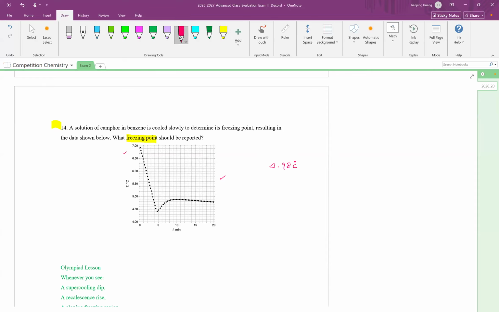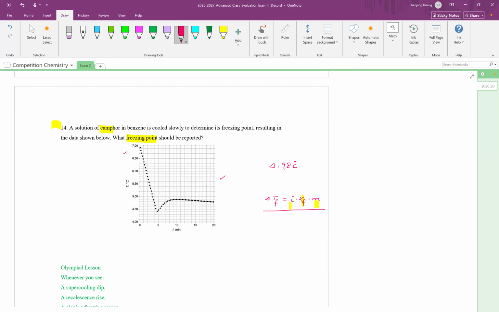ΔT_f = i K_f m. K_f is a constant, and m is molality. The i depends on the van't Hoff factor. If non-electrolyte, like sugar or this organic compound, you get 1. If ionic compound, that should be 2, 3. That's why.